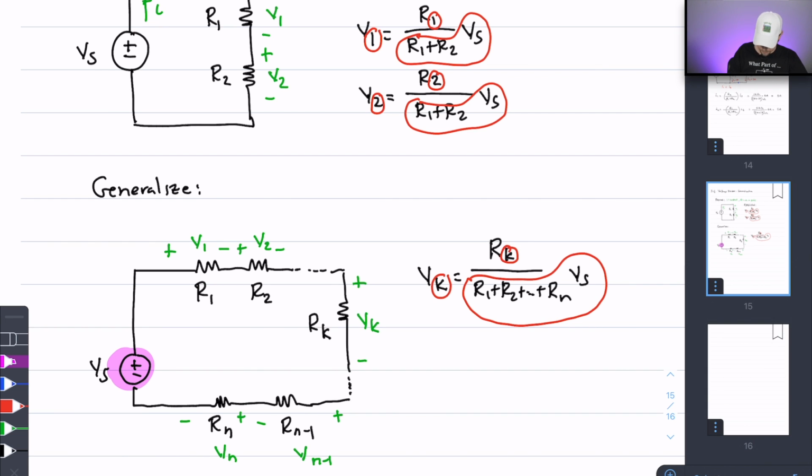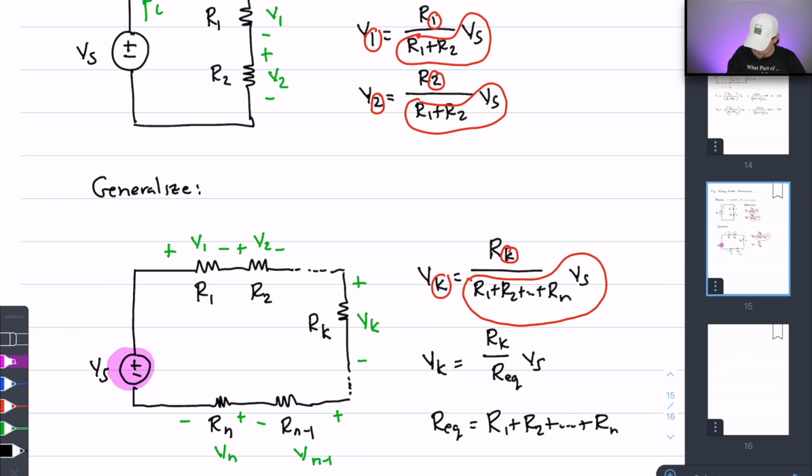Now, this formula can also be rewritten in a form that's a little bit more compact. We can say that V sub k is equal to R sub k divided by the equivalent resistance of the series sum of those resistors times V sub s, where our equivalent, again, is the series sum of all of the resistors contained within our network.